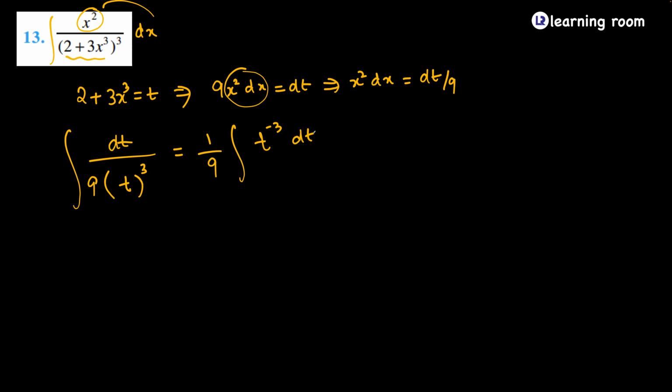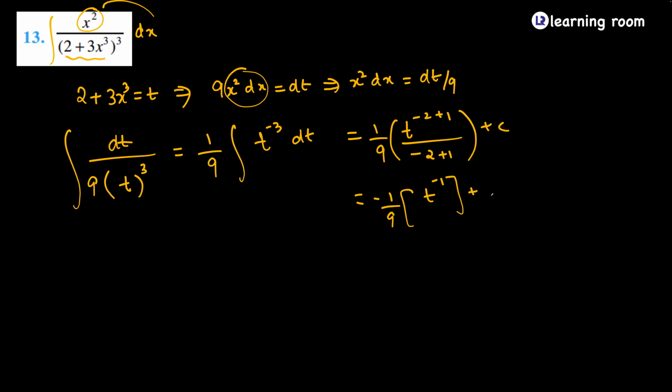So what will you get as the answer? 1 by 9 into t power minus 2 plus 1 divided by minus 2 plus 1 plus c. So it is minus 1. So minus 1 by 9 into t power minus 1 plus c. So it will be minus 1 divided by 9t plus c, or it is minus 1 divided by 9 into 2 plus 3x cube plus 3.